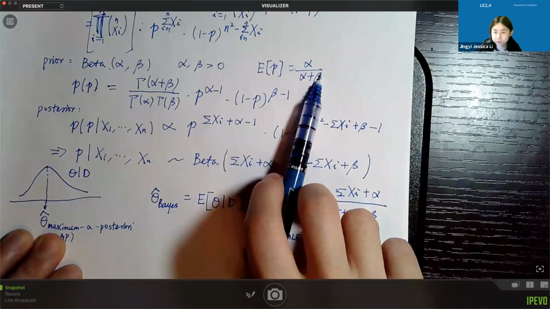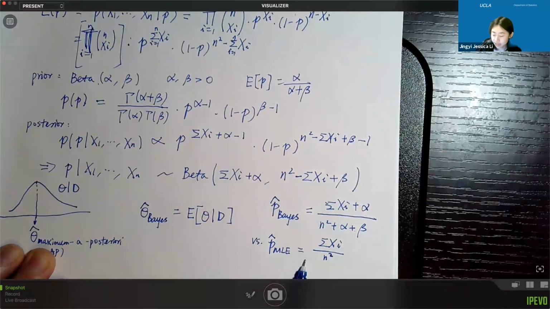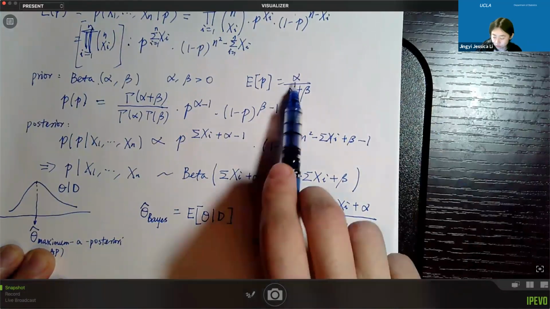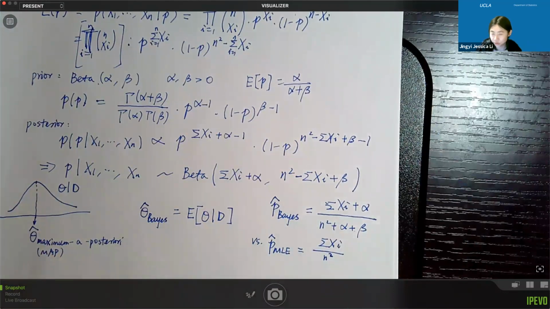That's the mean of P with the prior only. And this MLE is based on the data only. This Bayes estimator combines both. It's basically a weighted average, so you can expand it as a weighted average of the MLE and the prior mean. That's why we say the Bayes estimator is a combination of information.